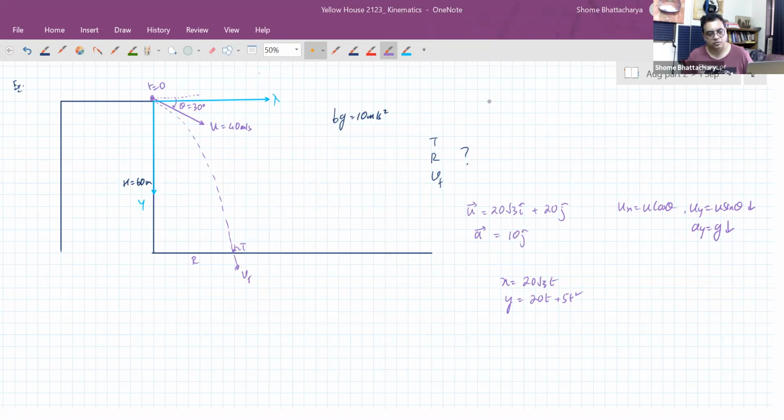Now at t equal to capital T, what is the y coordinate? It's going to be 60. It is h.